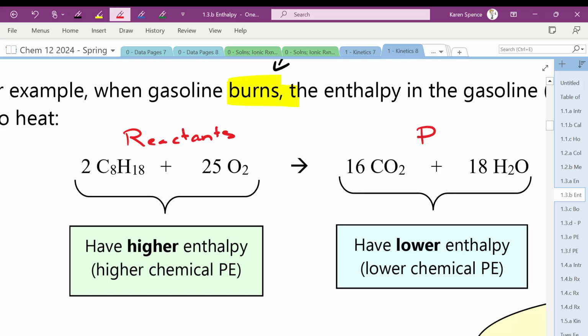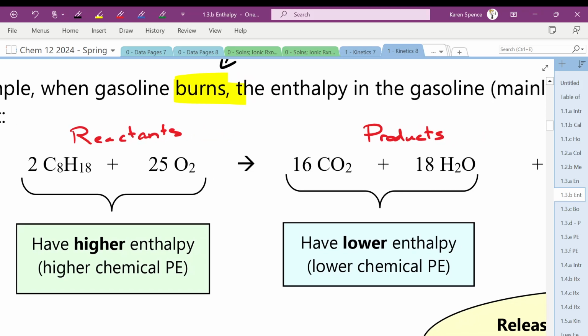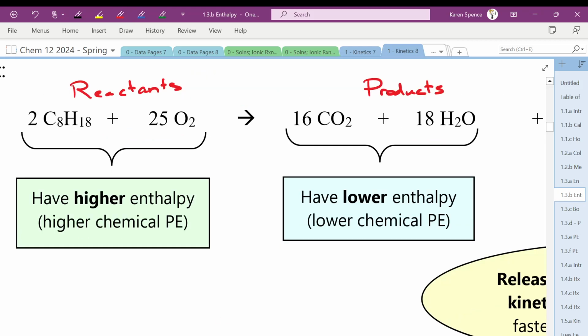Our products, CO2 and H2O, which is why we're trying to cut back on internal combustion engines, because they make a lot of CO2, which is, of course, one of our most famous greenhouse gases. So these products have a lower enthalpy or a lower chemical potential energy. So we started with a high potential energy.